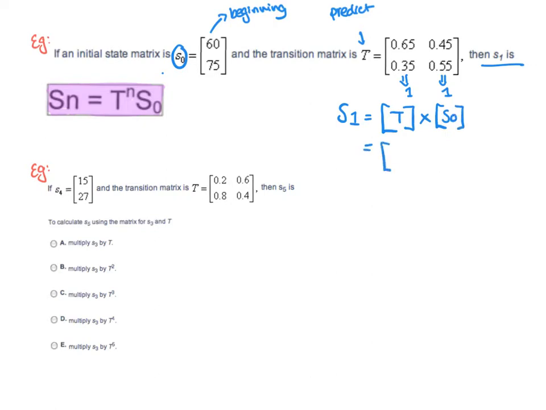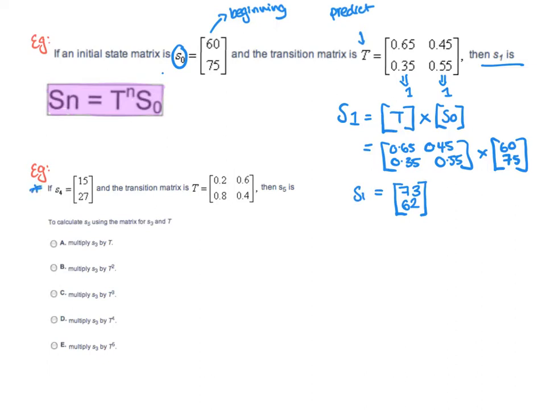Into the calculator you would just type out the matrix which they gave you, 0.35 and 0.55, and you multiply it by 60 and 75, and that's going to give you the state matrix for S1. I'll just show it on the calculator. So we just found out that this was S1, and we did it in our calculator and got that.